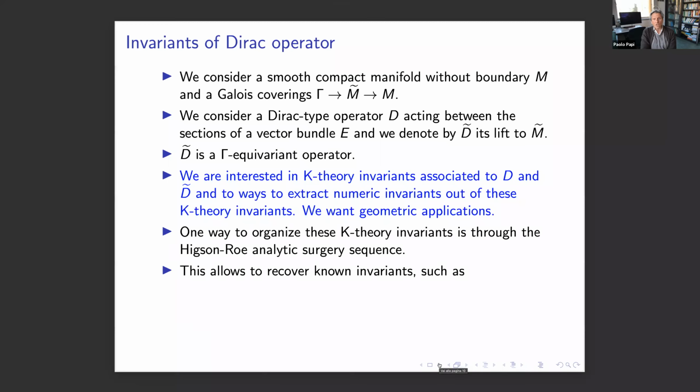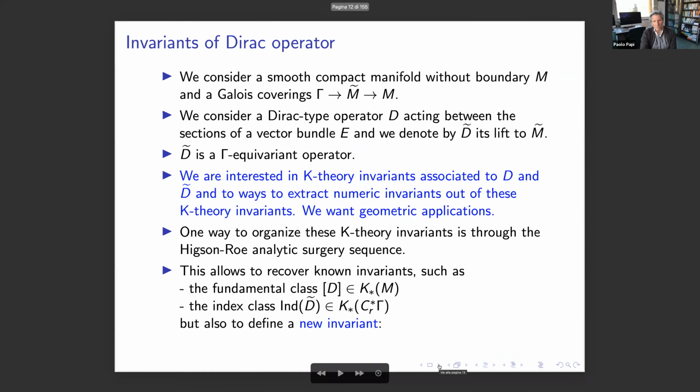One way to organize these K-theory invariants is by using the Higson-Roe analytic surgery sequence. This allows us to recover some known invariants, like the fundamental class in Kasparov K-homology, or for example the index class, but also to define a new invariant, which is the rho class of an invertible operator.